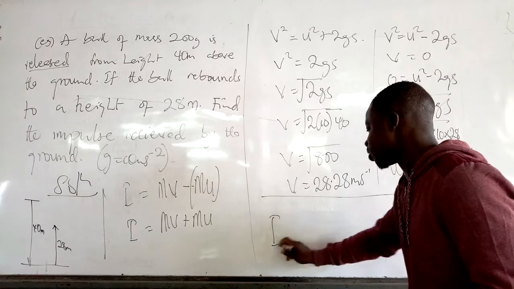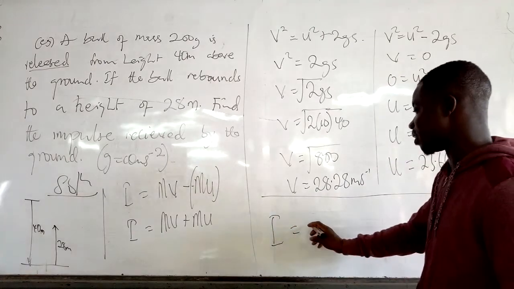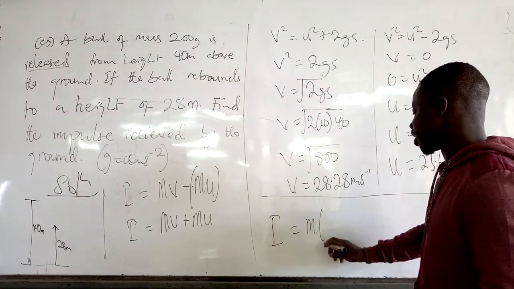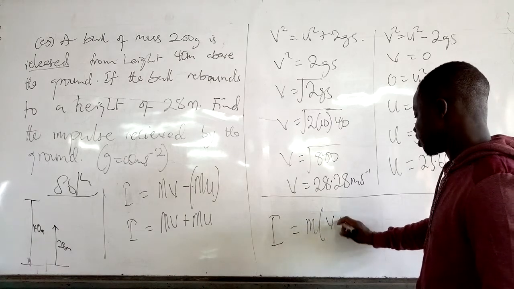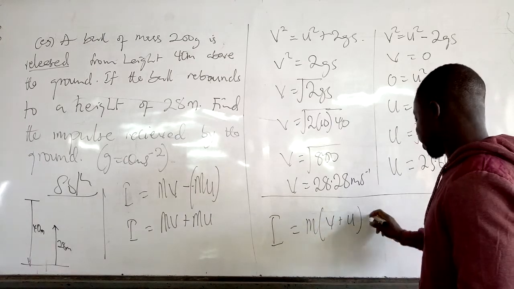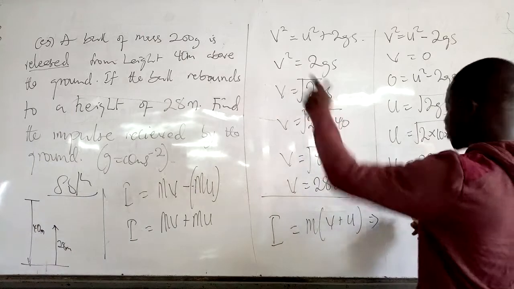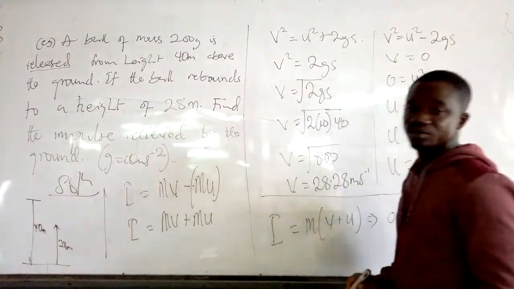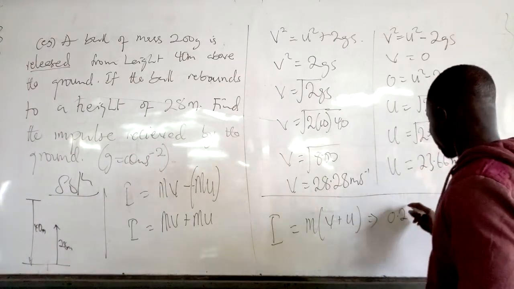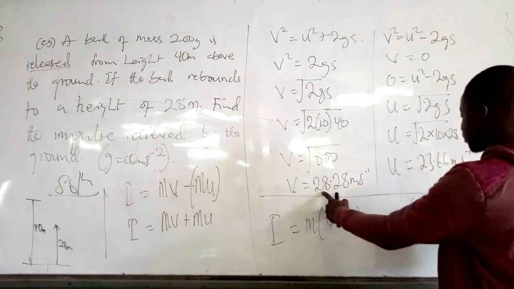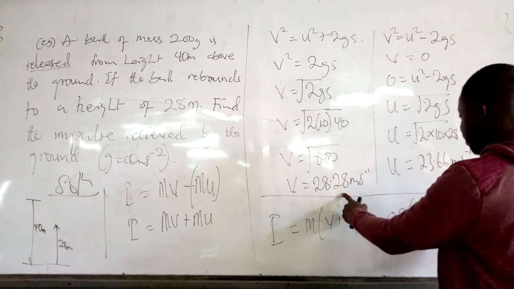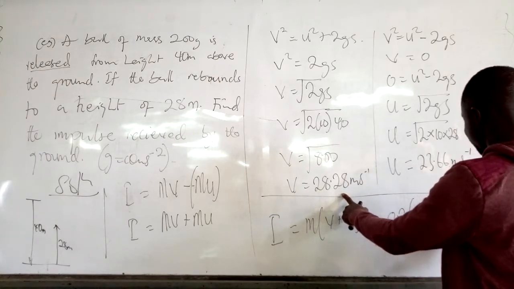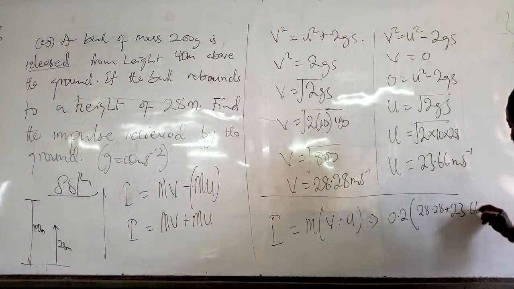Therefore, the impulse received by the ground, I, is given by m into bracket v plus u. That is going to give me the mass, 0.2. We divide 200 grams by 1,000 to convert it to kilograms. Into bracket 28.28 plus 23.66.